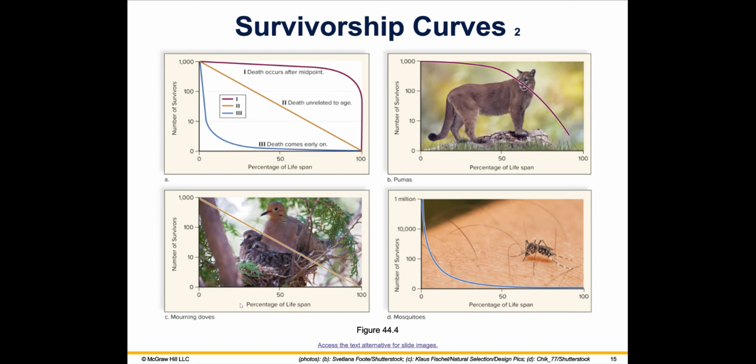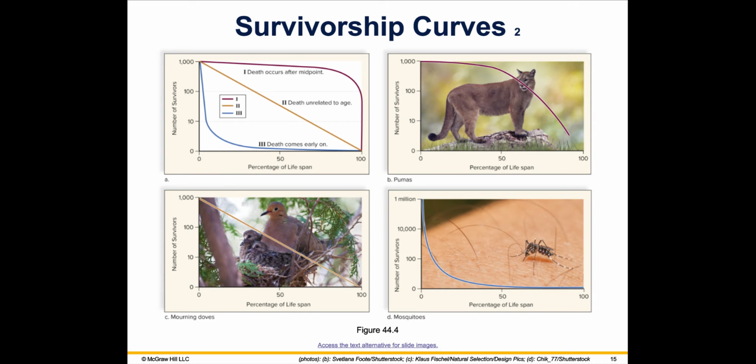We can have something like a survivorship curve 2. Death is unrelated to the age. Think of mourning doves or squirrels or really any sort of medium-sized prey item. The chances of them surviving and the chances of them dying are the same throughout their life. It's not related to their age.